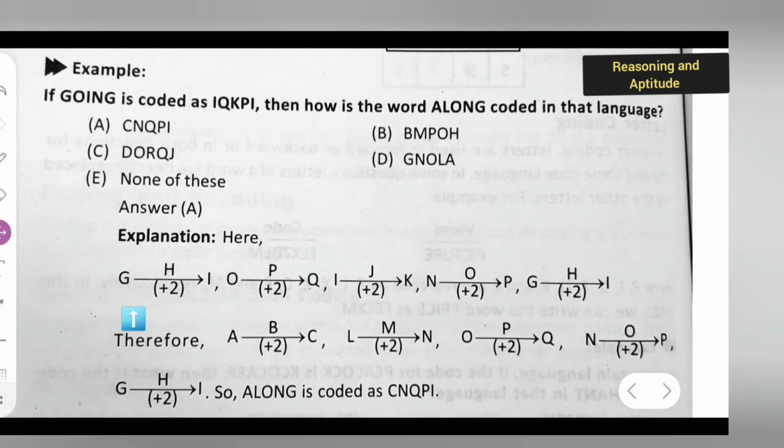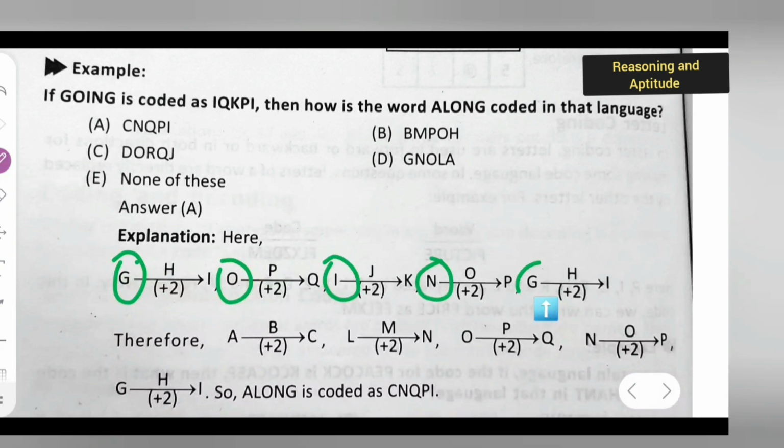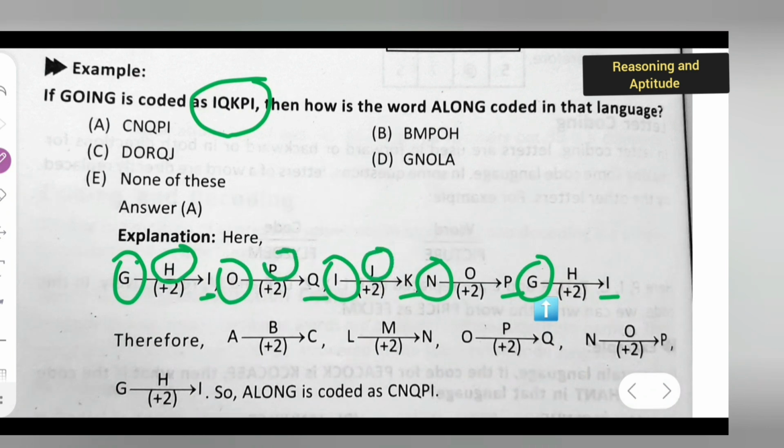GOING is coded as IQKPI, so each letter moves two places ahead: G to I, O to Q, I to K, N to P, G to I.